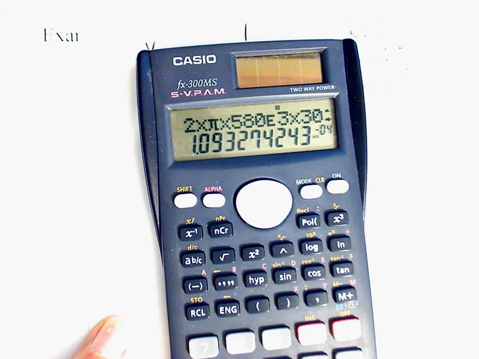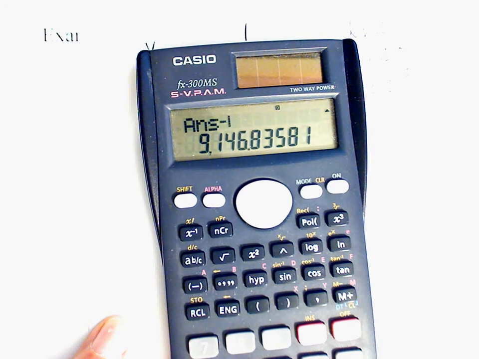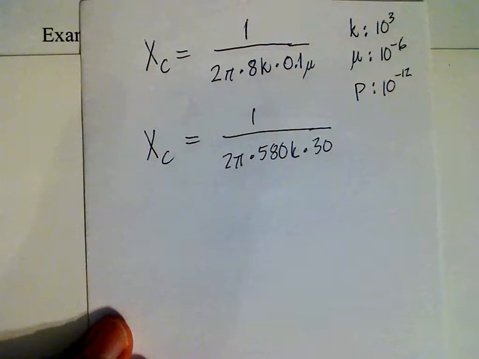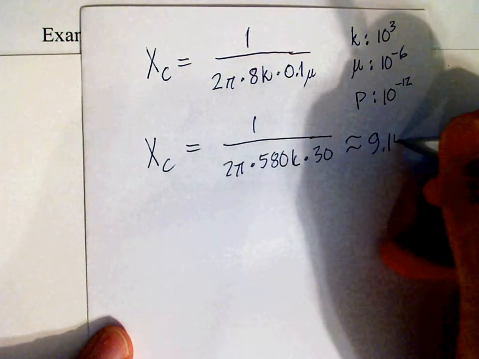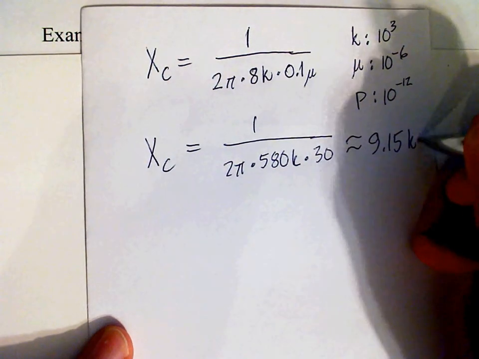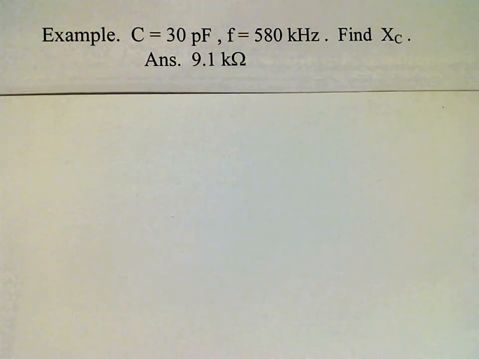And then finally we take the reciprocal of that to get our answer, which turns out to be about 9.15 kiloohms. And I've rounded it off here in the notes.